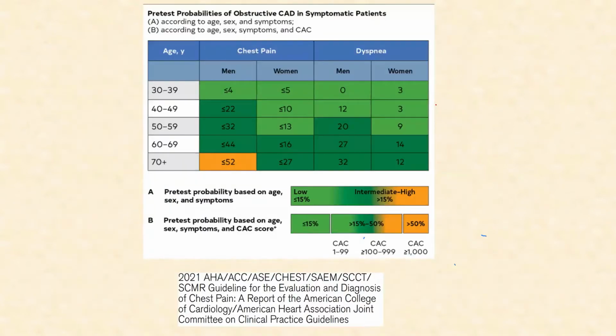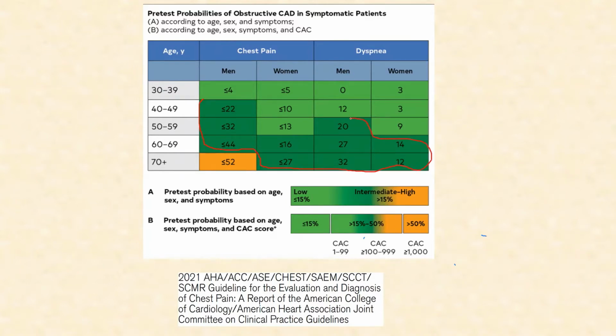Now, still the pretest probability depends on the chest pain, the age, and male and female. They also have dyspnea on the side. So this dark green is the intermediate risk.